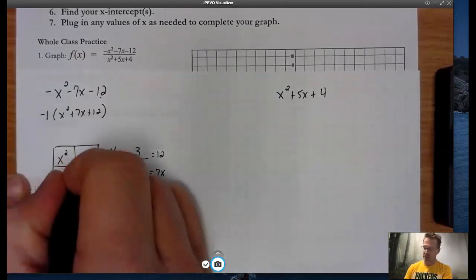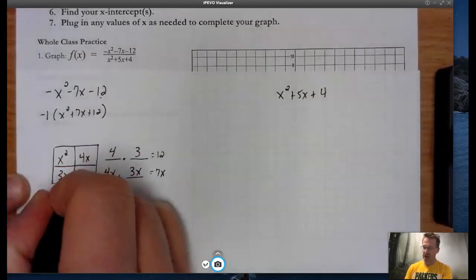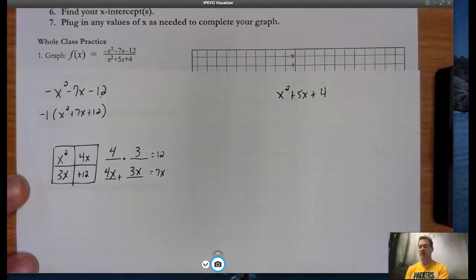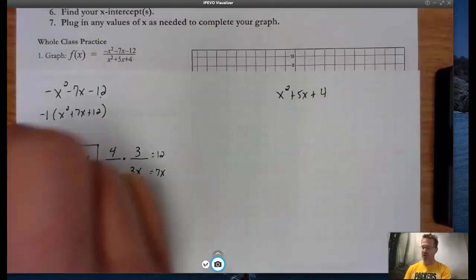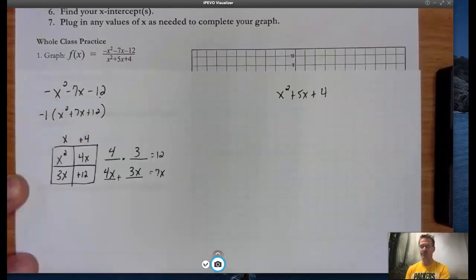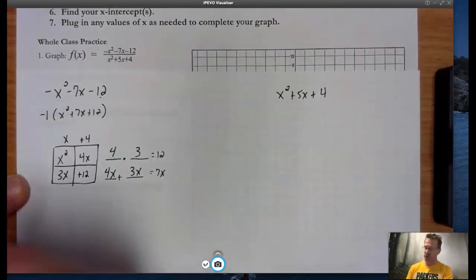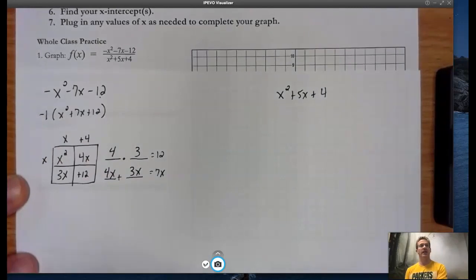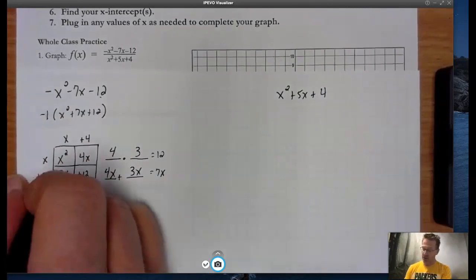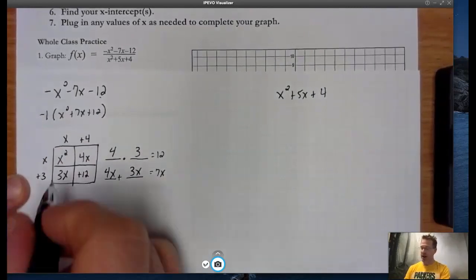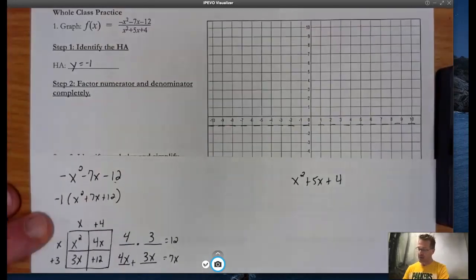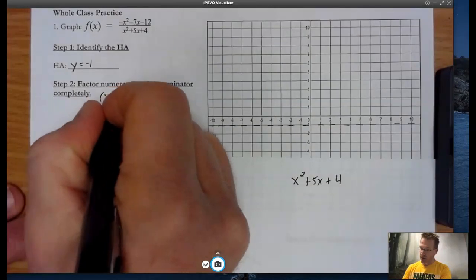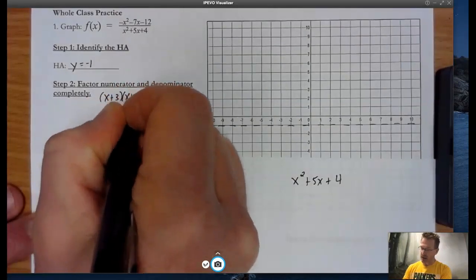I'm going to drop that 4x in here, 3x in here, and now once again we're doing those GCFs. The GCF in our first column is x. Our GCF in our second column is positive 4. Our GCF in our first row is x. Our GCF in our second row is positive 3. So we can see that our 2 factors of the numerator, and I'll just bring that right here, would be x plus 3 times x plus 4.